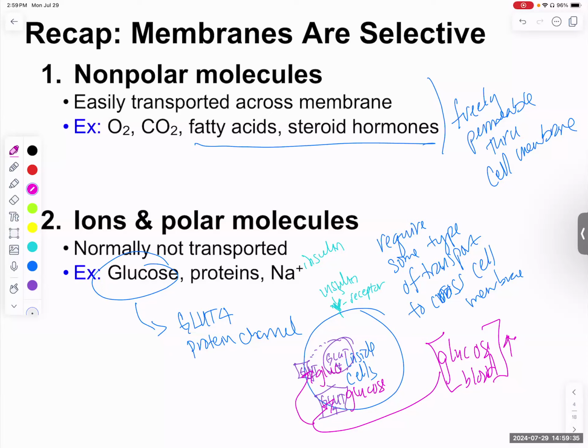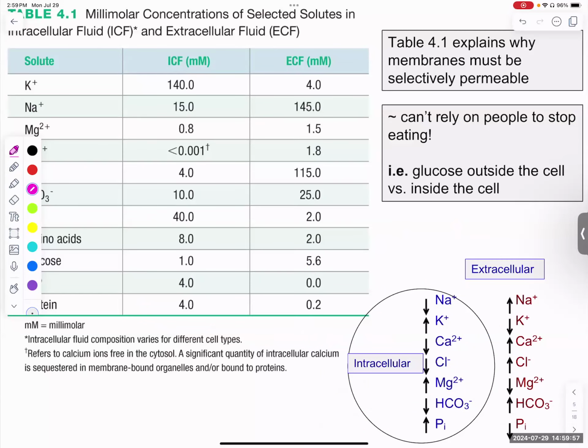So it's going to leave the bloodstream and go into the cell. Why? Because it's a high concentration in the blood and a lower concentration inside the cell. So it's just going to be facilitated diffusion. That's what is occurring. So that's an example of facilitated diffusion. This happens for ions and all kinds of nonpolar molecules.